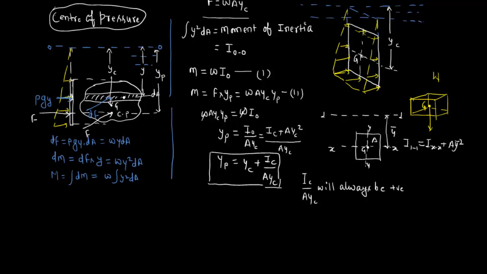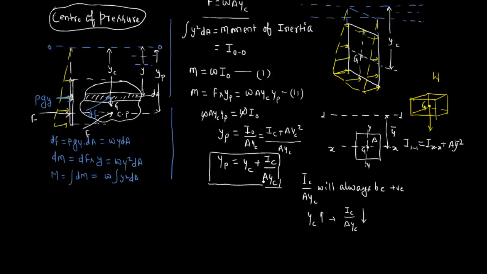When the body sinks down, the distance of the center of gravity of the body from the free surface of the fluid also increases. So as Y_C increases, I_C by A Y_C is going to decrease.